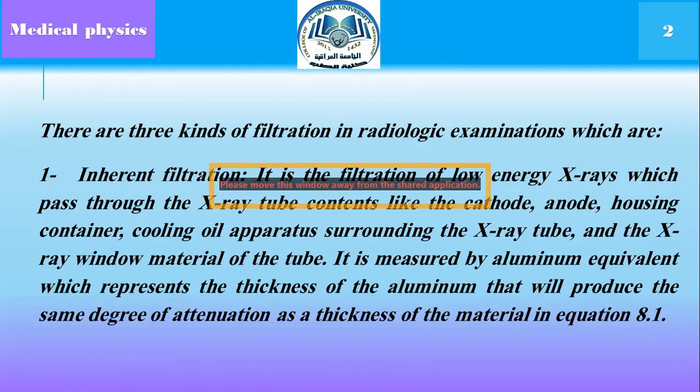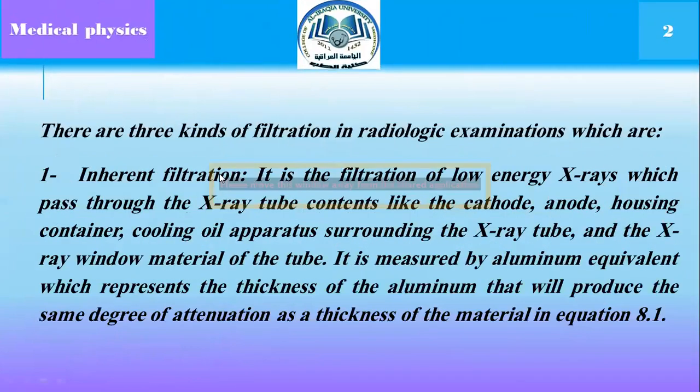There are two kinds of filtration in radiologic examination. One, inherent filtration. It is the filtration of low energy X-rays through the X-ray tube components, like the cathode, anode, housing container, cooling oil, apparatus surrounding the X-ray tube, and the X-ray window material of the tube.